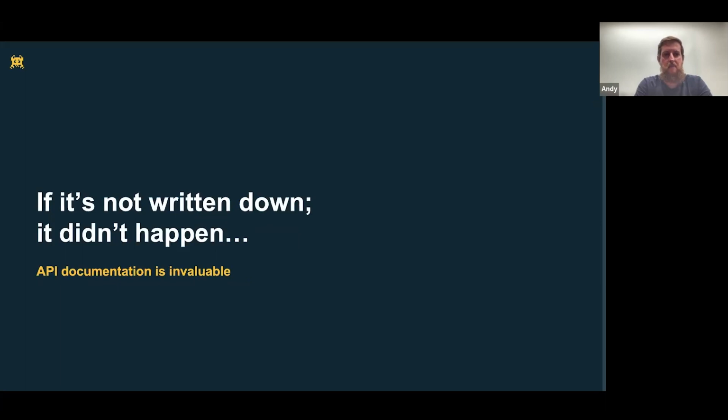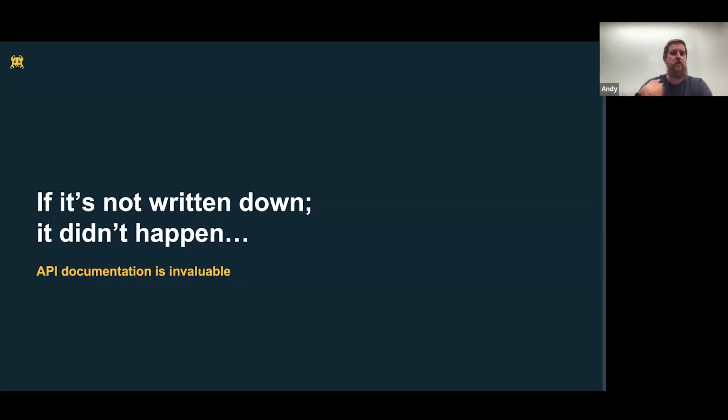Final two, and I suppose the most important ones when it comes to Intruder: document everything. API documentation is super important. APIs are very opaque. They're opaque because unlike web applications, they don't have a UI where you can go and browse and start to understand and see where all of the nooks and crannies are within the application.